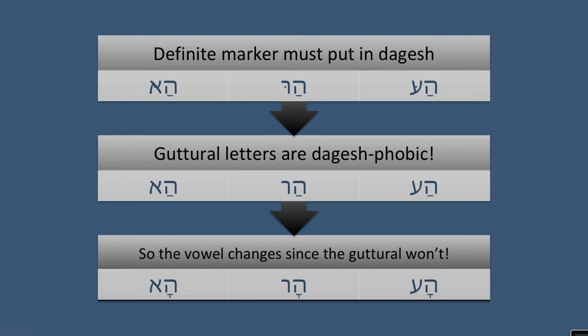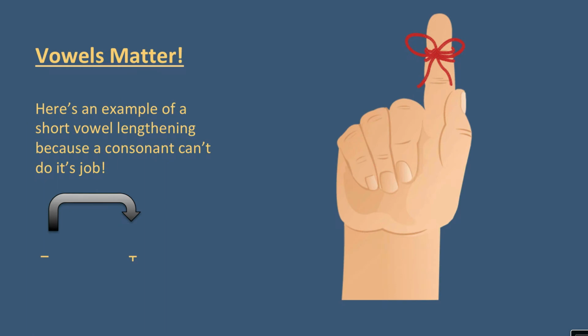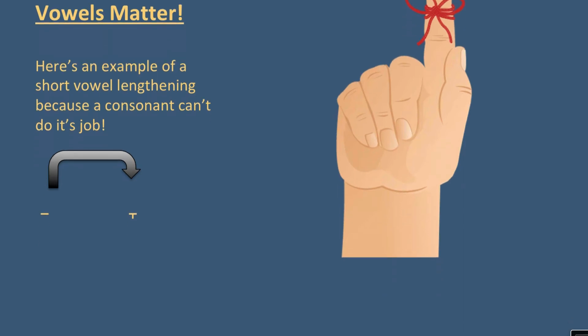They're going to reject the dagesh because they're gutturals. And so if the guttural won't change by adapting itself and letting itself take on a dagesh, well, then the vowel is going to change since the guttural won't. And you can see then the vowel changes from a patach to a kamatz. Here's an example of why vowels matter. So in this example, we have a short vowel, patach, lengthening because a consonant, the guttural letter, can't do its job.